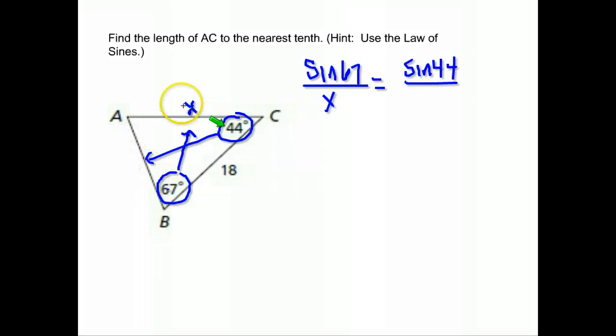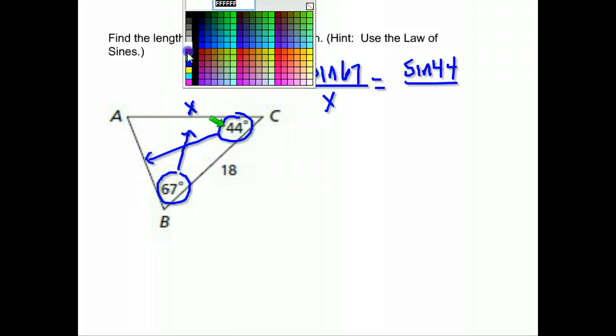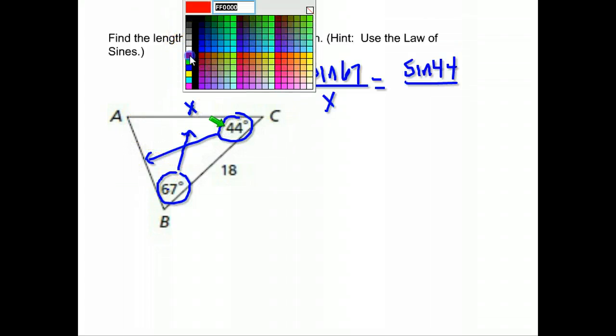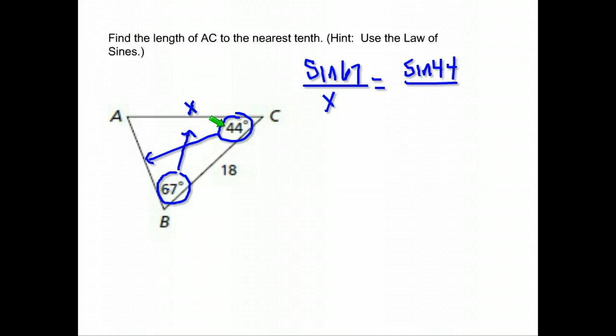Well, the angles in a triangle add up to be 180 degrees. So I'm going to backpedal a little bit. Okay, so now I know I don't want to use the 44-degree angle because I don't know the side across from it. So I back up and I say, okay, we're going to clear that out. I'll come back to this in a minute after I know the measure of this angle.